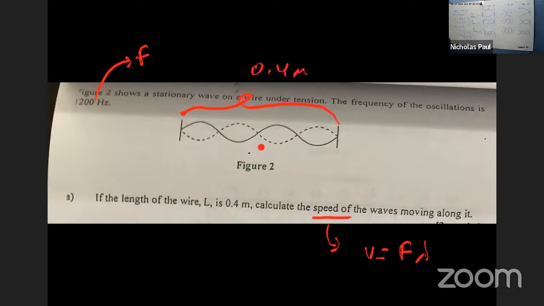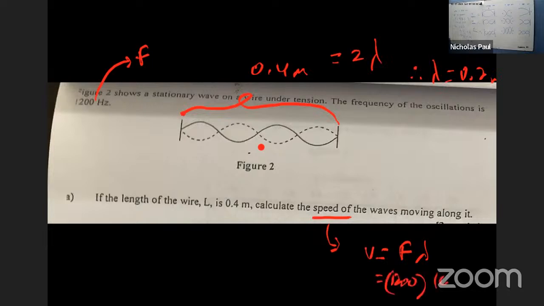And within that 0.4, how many waves do you have? So 0.4 is equal to 2 lambda, so lambda is 0.2 meters. And that's it. We're done.